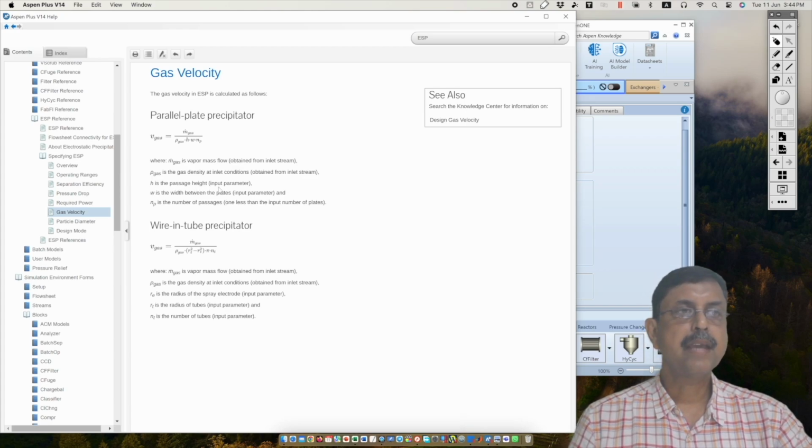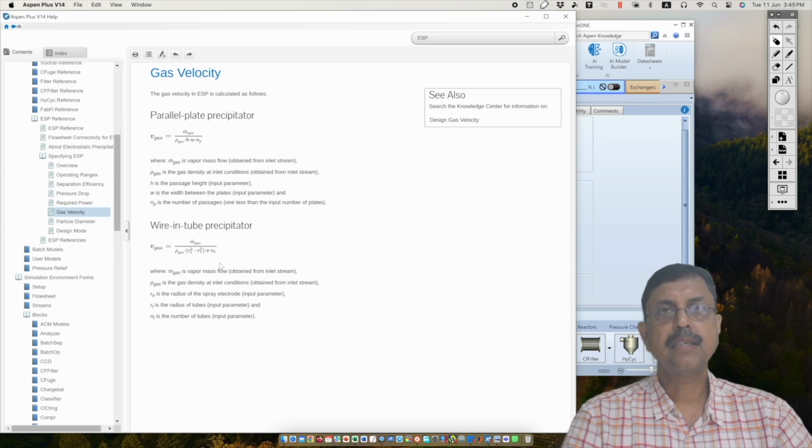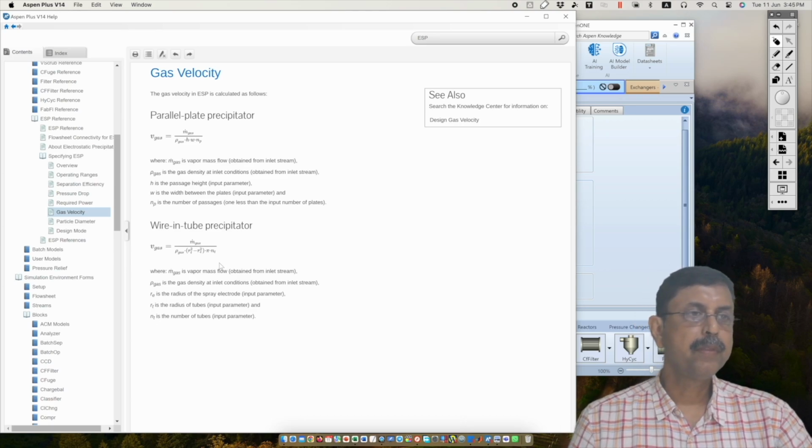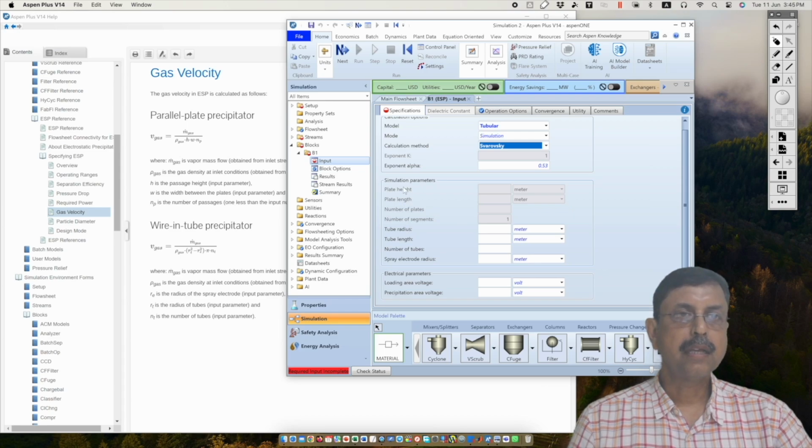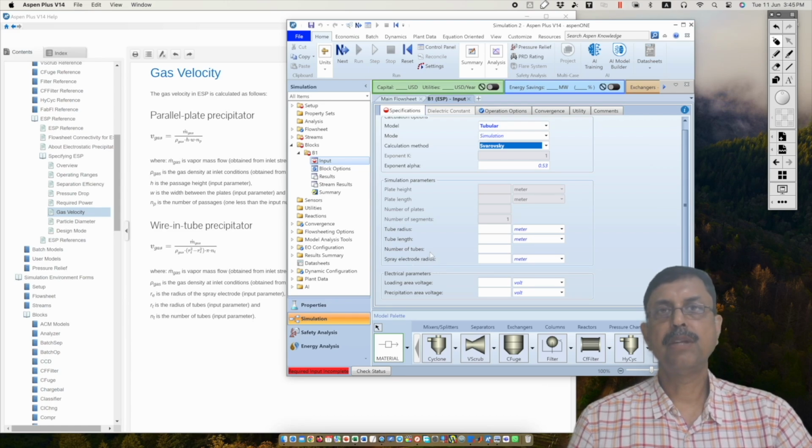H is the passage height, an input parameter. W, NP, all of them are input parameters. And wire and tube also has a similar kind of equation. The only thing is that because of its structure, the calculation of area will be a bit different. But the inputs that are required, you already know where you have to give those inputs, either plate type or tube type. You have to provide the geometrical information of them.